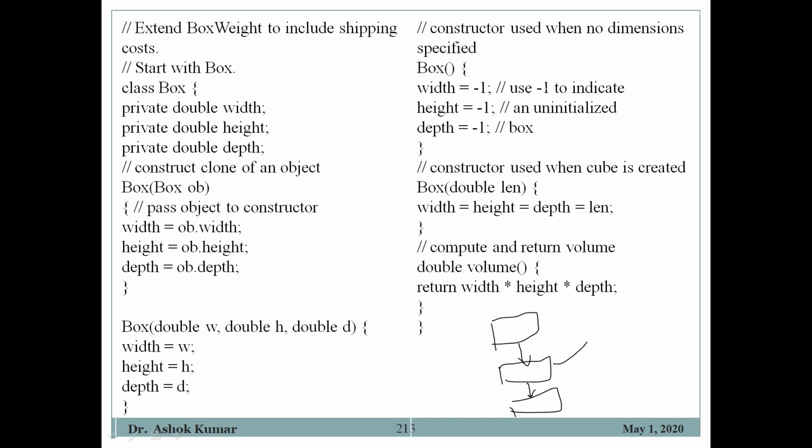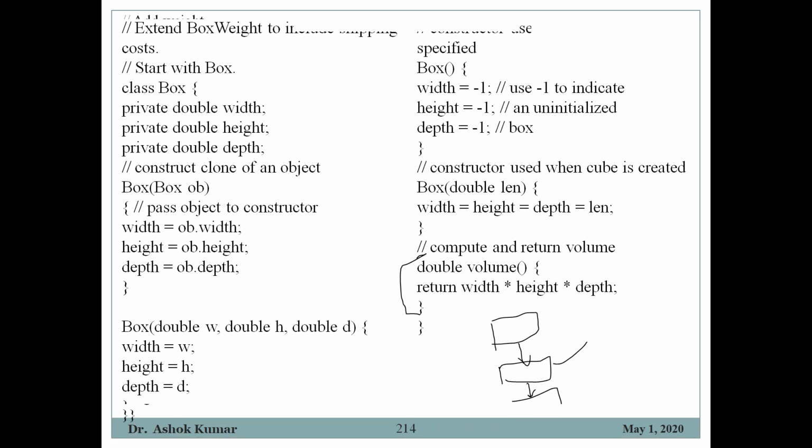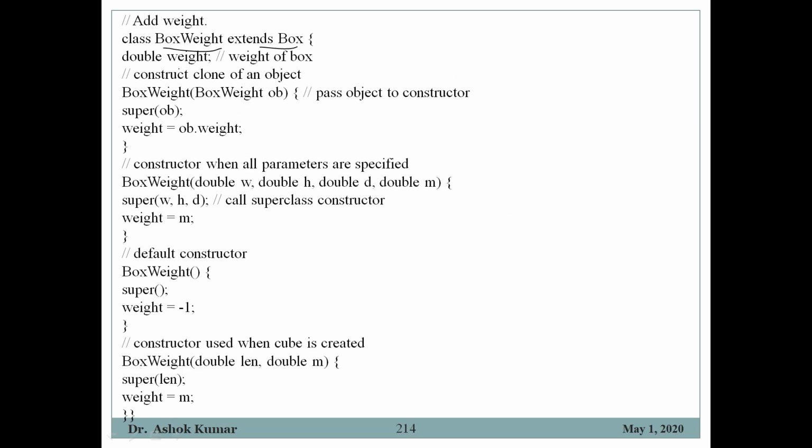So in this example we have used the same superclass, that is Box. All the methods are clear to you. Some constructors are there and one method is there. This we have already discussed in detail. Then from the Box class we are creating the BoxWeight class, and in this we have added one weight instance variable, and again some constructors are there, and in every constructor we are calling the superclass constructor.